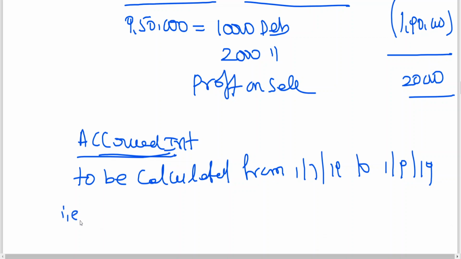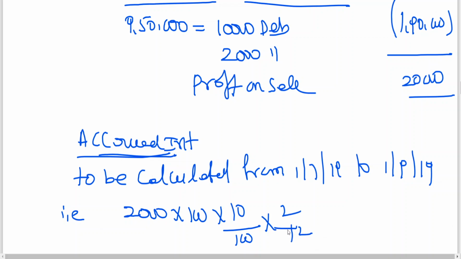How many debentures do you have to calculate for? 2,000. 2,000 into 100 into 10 by 100 and 2 by 12. 2,000 into 100 into 10% into 2 by 12. It is coming to 3,333.